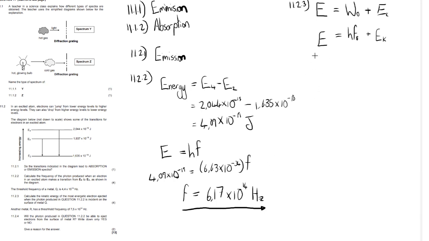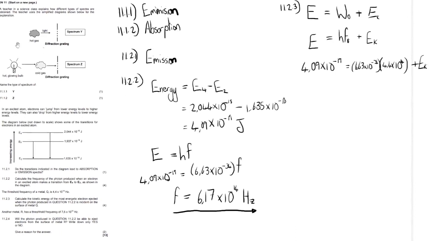And so we can substitute and simplify. The energy that we calculated this photon to have would be 4,09 times 10 to the power of negative 19. Planck's constant, 6,63 times 10 to the power of negative 34, multiplied by the threshold frequency, which is 4,4 times 10 to the power of 14, and then plus the kinetic energy. Running out of space ever so slightly, let's move it up just a teensy bit.